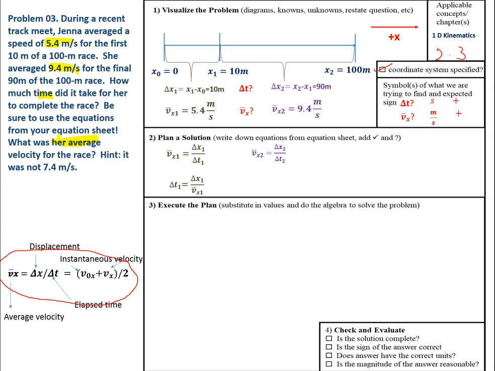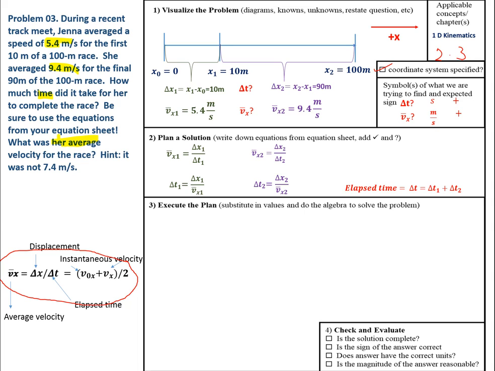And again, we have the average velocity equation for the second segment of the motion, and we can cross multiply the velocity and time to get the equation for the time interval for the second segment of the motion. Now, if you want to calculate the elapsed time, or the total time taken to complete the race, you have to add the two time intervals delta t1 and delta t2.